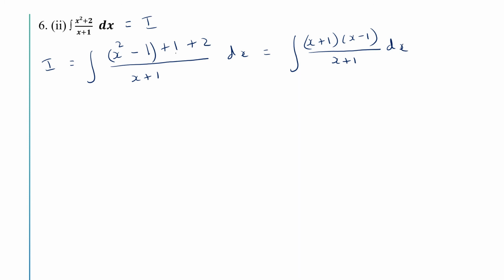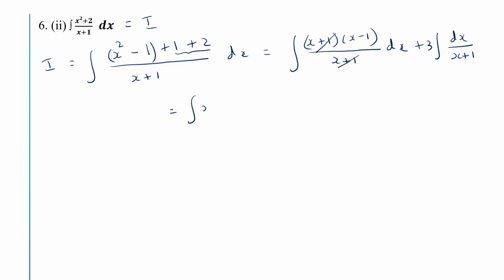Then here plus 1 plus 2 is plus 3. Then plus 3 integral dx by x plus 1. So these two will go. So here we will have integral x minus 1 dx.